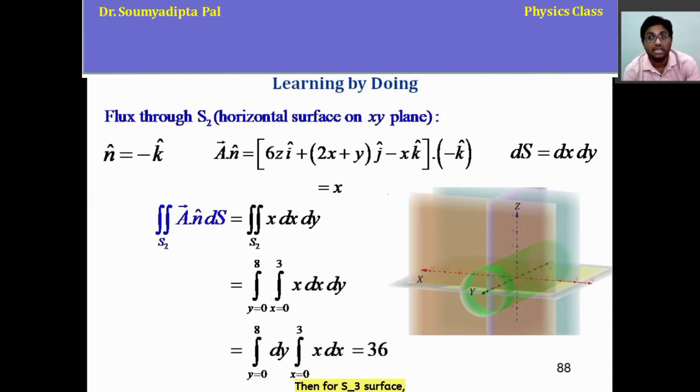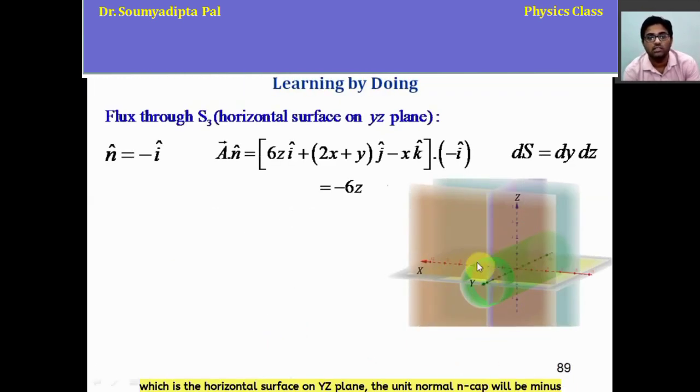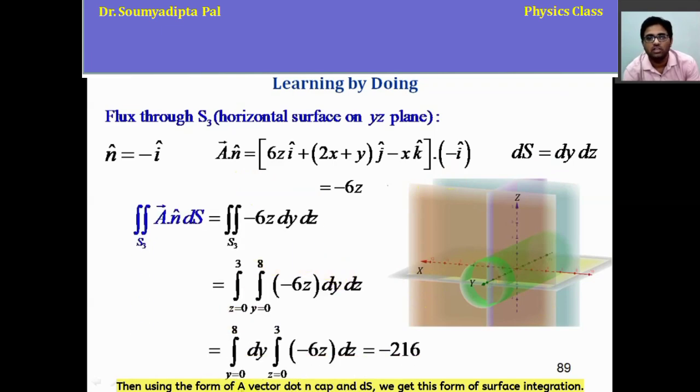Then for S3 surface, which is the horizontal surface on YZ plane, the unit normal n cap will be minus i cap because the flux will be along negative x direction, and that is the outward flux. Then using the form of a vector dot n cap and ds, we get this form of surface integration. After that, doing the integration and putting the limits, we get this value.